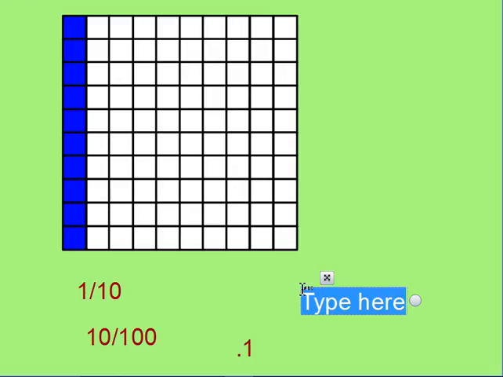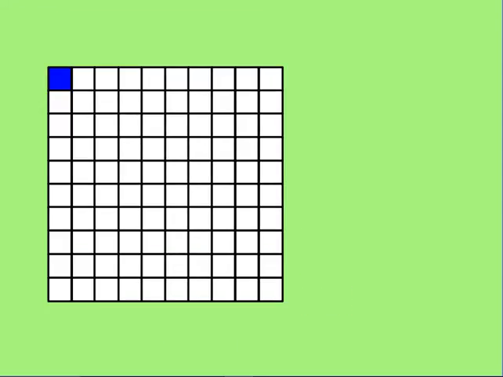And how do we write that as a percent? It is 10% out of 100. Agree? Disagree? Move on.